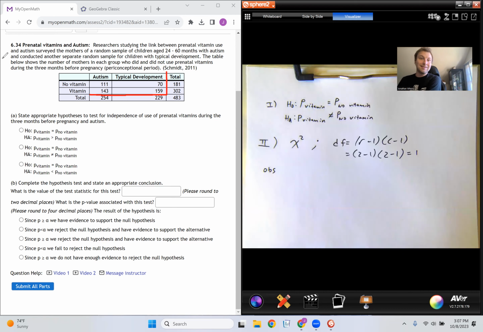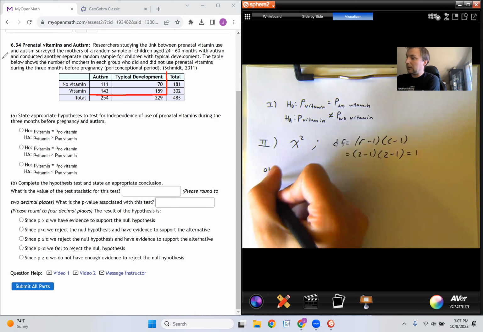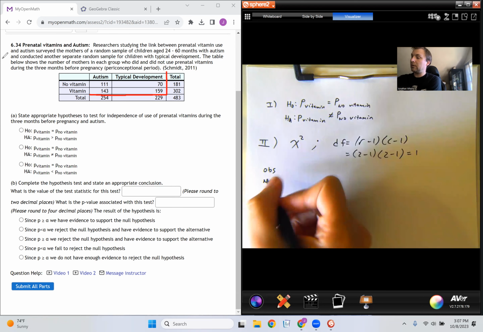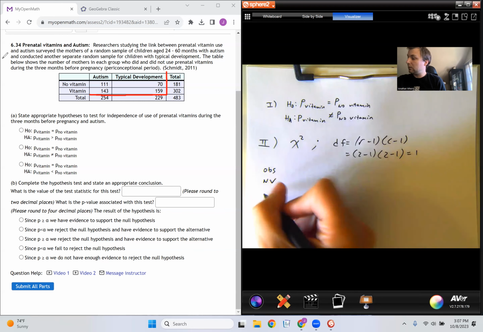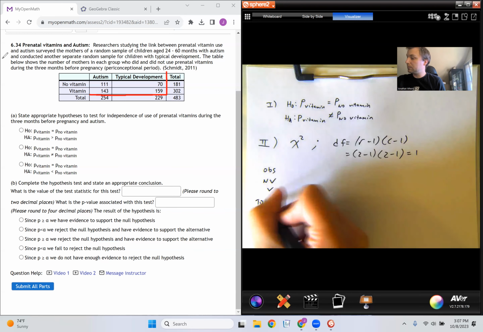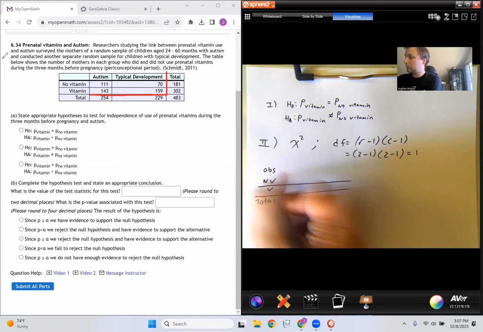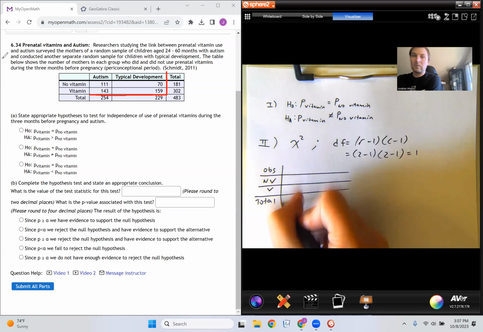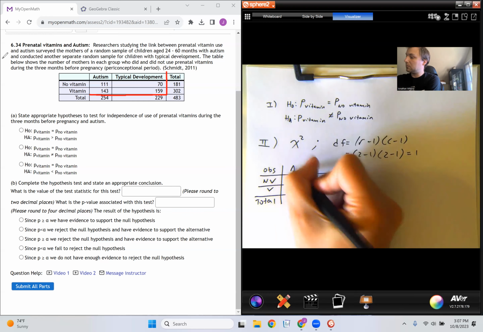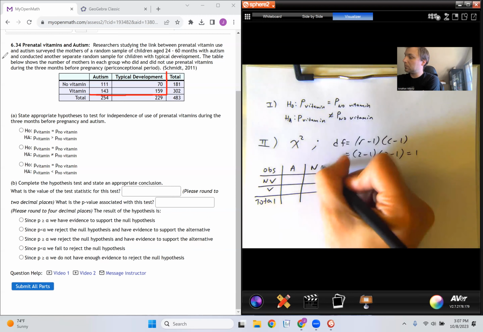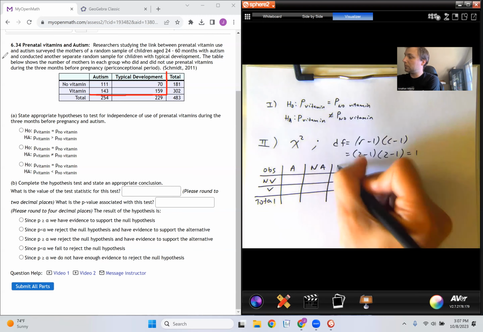So I'm going to make this grid, and then let's switch to just the overhead so we can see this better. Observed, no vitamin, vitamin, total. And then I have autism, no autism, and total.